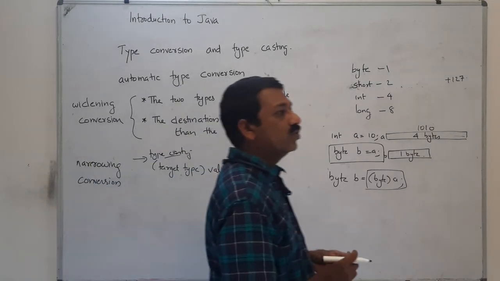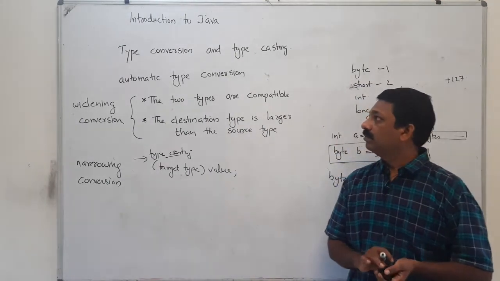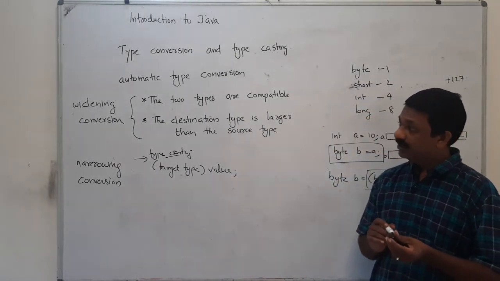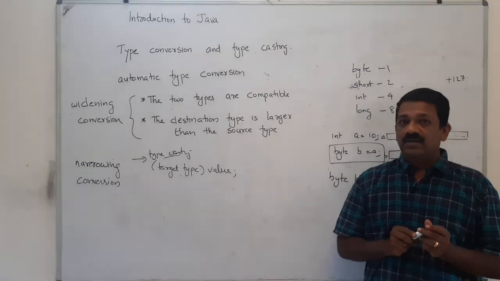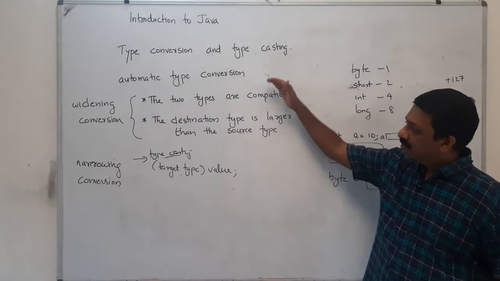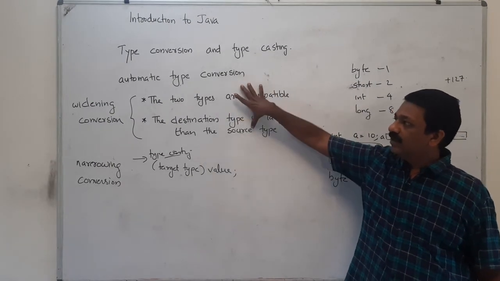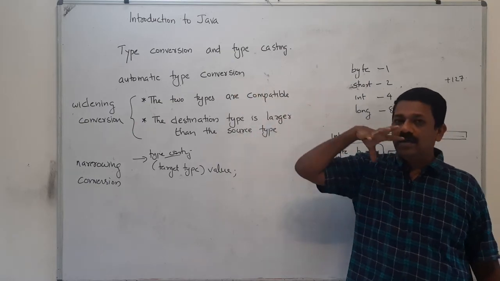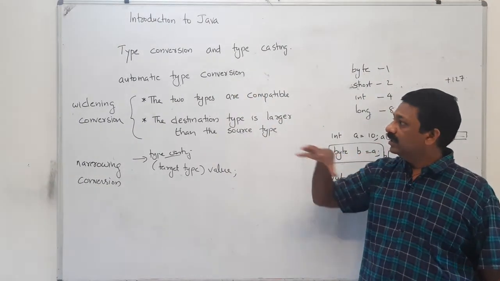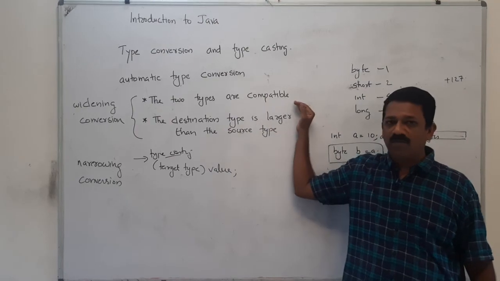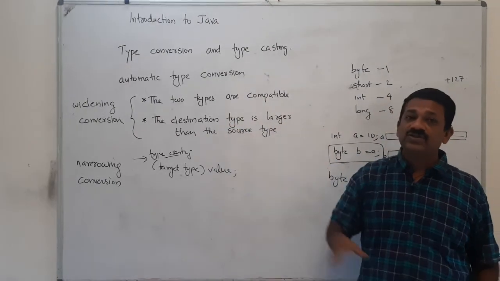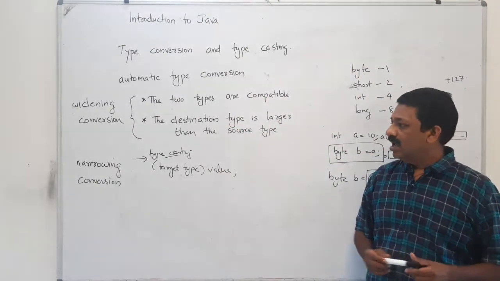There are two kinds of conversion: automatic type conversion and typecasting. In automatic type conversion, the two types should be compatible, and it should be a widening conversion.